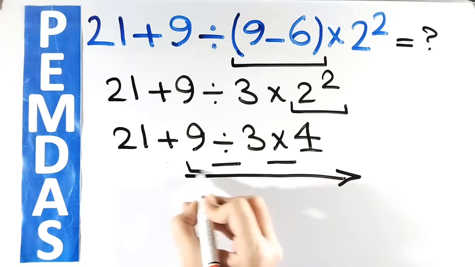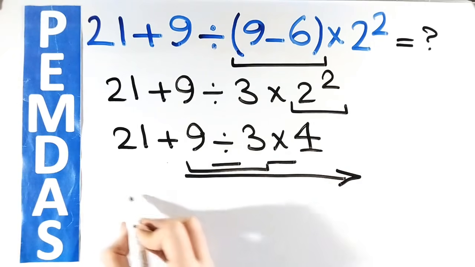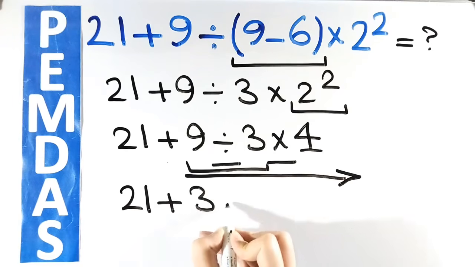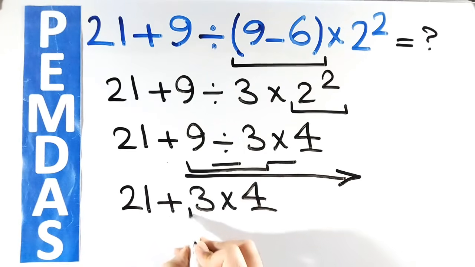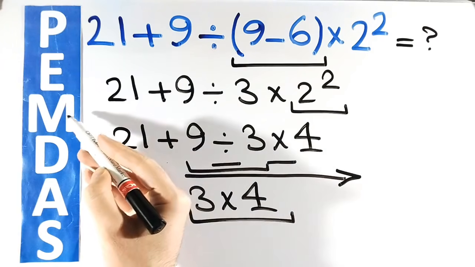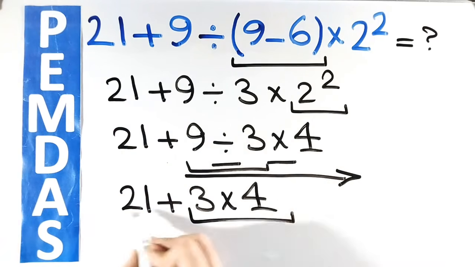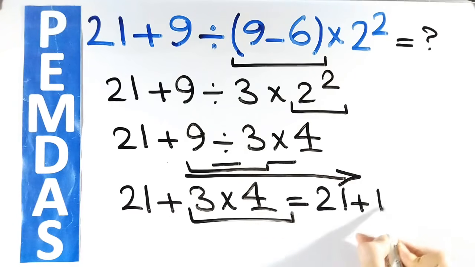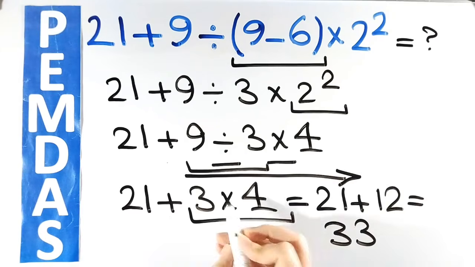So, first we go for the division between 9 and 3, and instead of this expression we can write 21 + 3 × 4. In the final step, we go for the multiplication between 3 and 4 because multiplication has priority over addition. So, instead we can write 21 + 12, which finally gives us the answer 33.